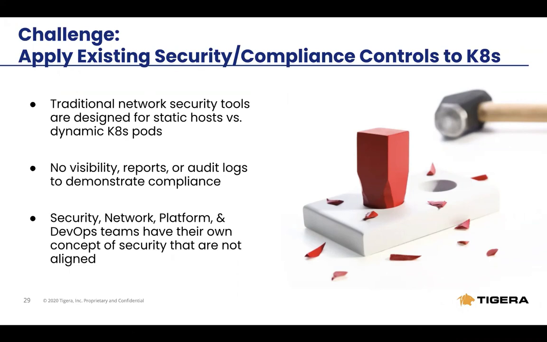Additionally, from a visibility and auditing perspective, you want to make sure that as you are creating those security controls that segment certain applications and microservices within a specific namespace together and make sure that they can talk to each other, you also have a set of reporting to ensure that you're doing so correctly, and that any issues with those policies or any violations will be reported and audited as well.